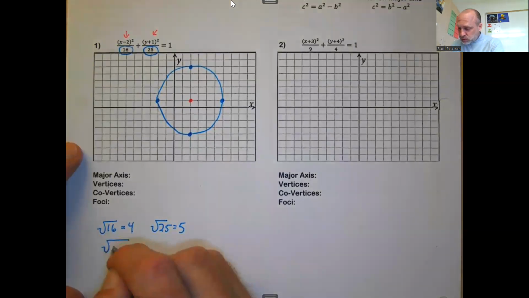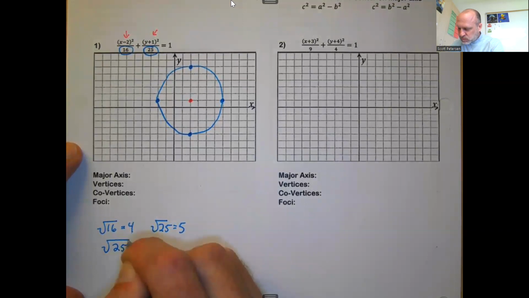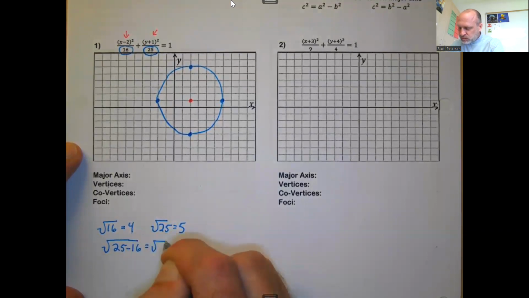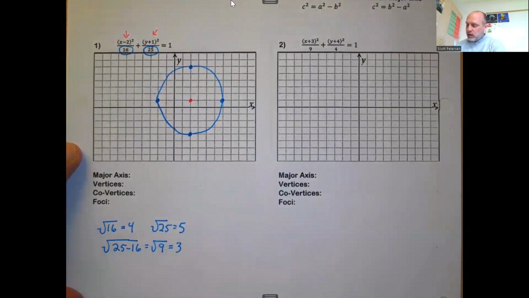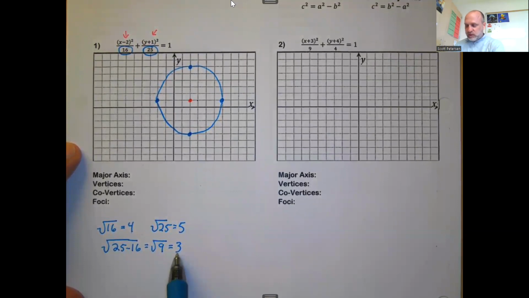So 25 minus 16 equals square root of 9, which is going to equal 3. Now, again, just subtract the 2. I always take the bigger number minus the smaller number so I don't get a negative value. Take the square root of it to give us 3.